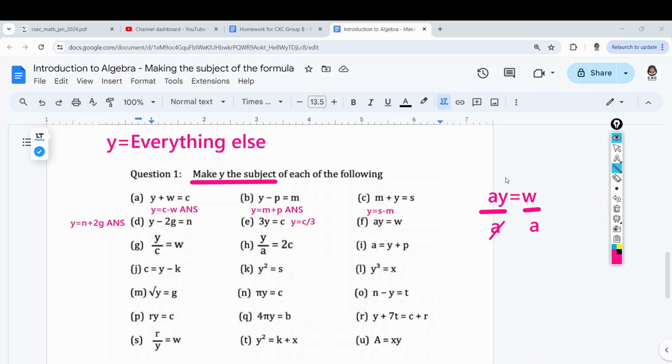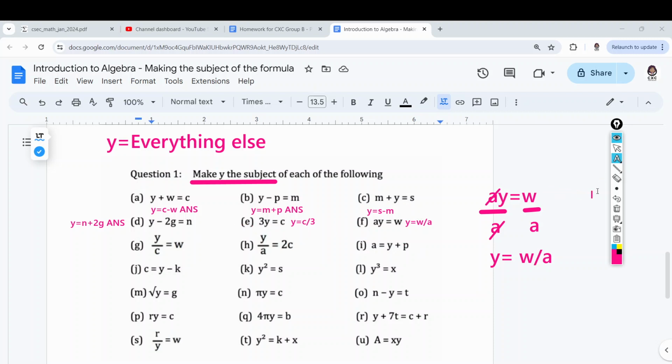So the A's will cancel. These two A's will cancel, and we're going to get Y is equal to W over A. Does that make sense? So that's the answer for this one, guys. Y is equal to W over A. All right.